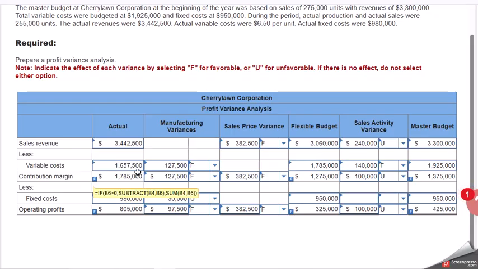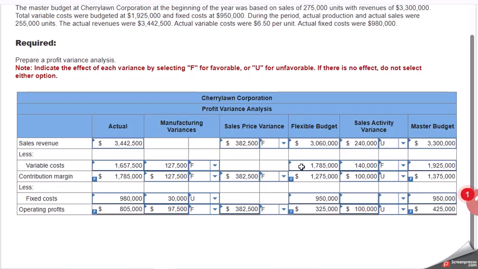Then our actual variable costs were $6.50 per unit. So $6.50 per unit times the 255,000 units sold gives us 1,657,500.